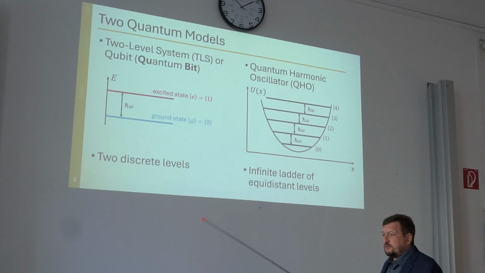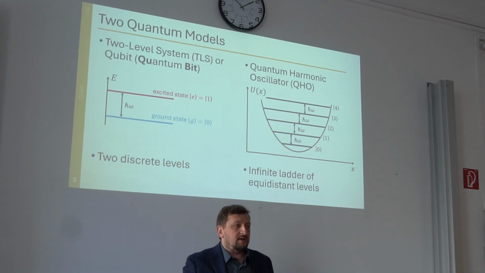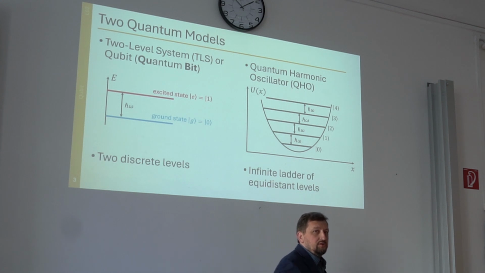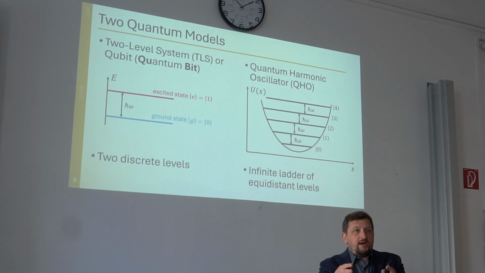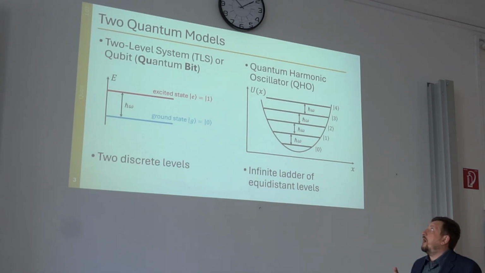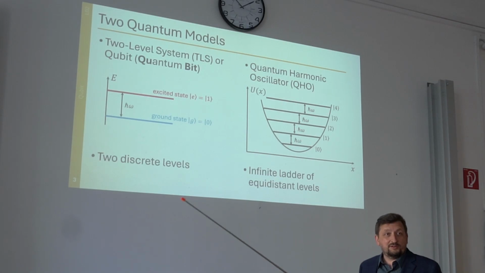So here we have this infinite ladder of equidistant levels. And it applies not just to the harmonic oscillator. It applies basically to everything where we have oscillations of waves. For example, if we consider the electromagnetic field inside a cavity, there is some resonant mode, and this resonant mode, using proper mathematical analysis, can be mapped exactly to the quantum harmonic oscillator. Therefore, this is the first thing studied in quantum optics.